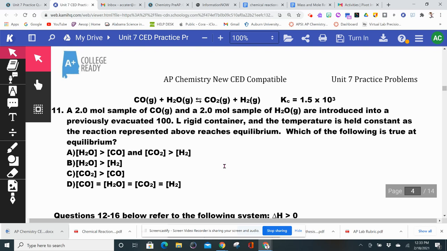Which of the following is true at equilibrium? Okay, so we have equal amounts to start with. Our equilibrium constant is definitely greater than 1, so I would say that this is going to proceed to the right.